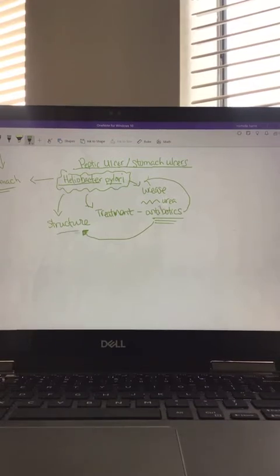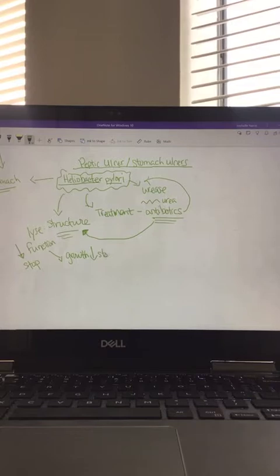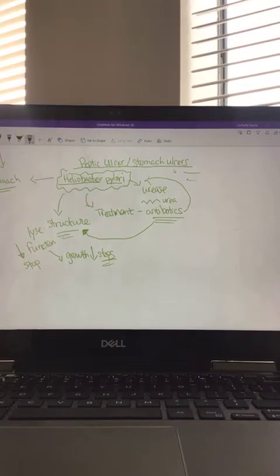When the structure is attacked, the cell will lyse, or the function will decrease or stop. And if the function stops or decreases, then the growth decreases or stops, and you're healthy again.